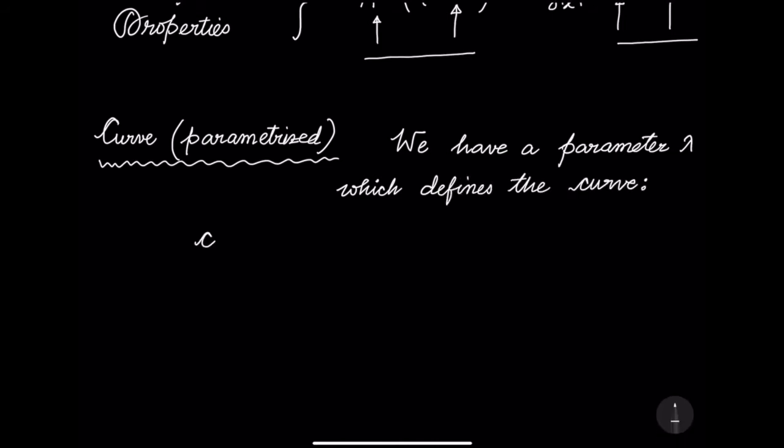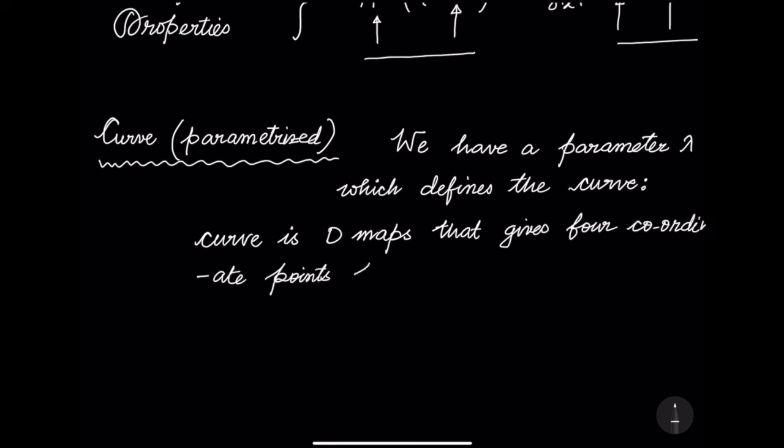We say that the curve is d maps from R, where d means d number of functions that give 4 coordinates for each lambda.